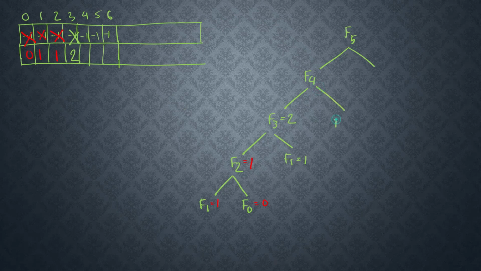You see that f4 will ask for f2, and if we check the array, we'll see that the second index no longer contains -1, it now contains 1, and so it will realize that f2 has already been calculated, and it won't go further down to calculate it from f1 and f0. It will return the stored value directly, and f4 will be calculated as 3, and we will write it in this array. So -1 is for checking whether a value has been calculated already or not.